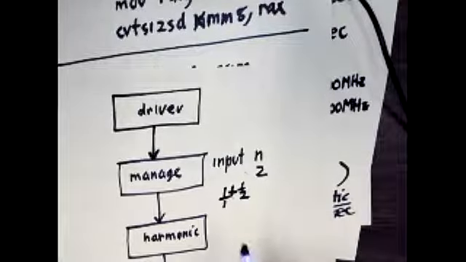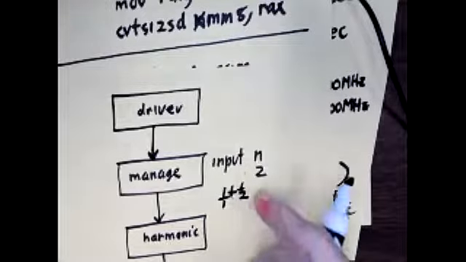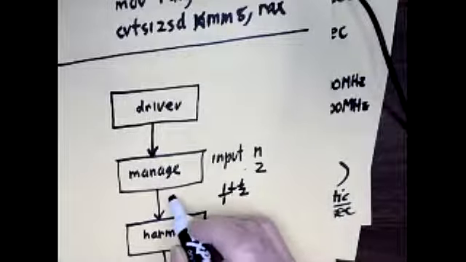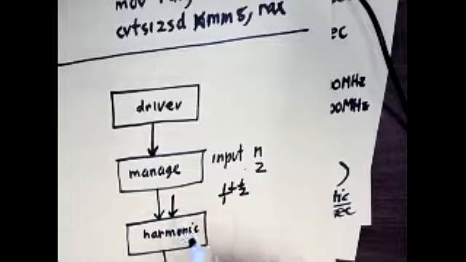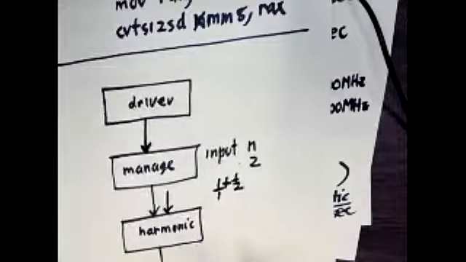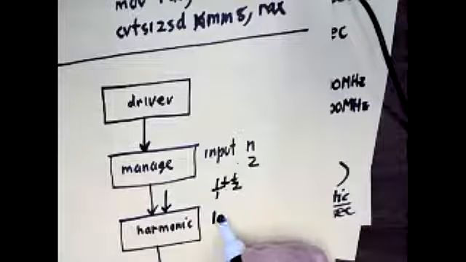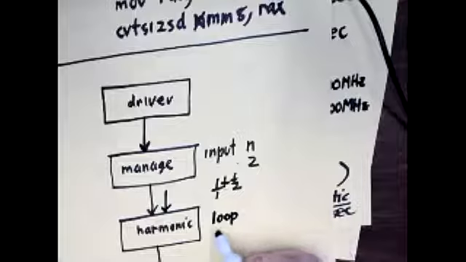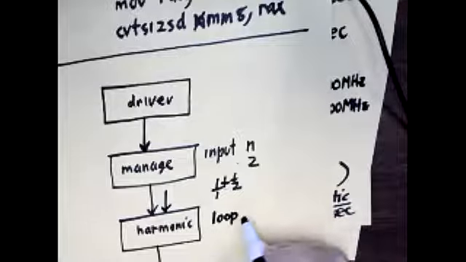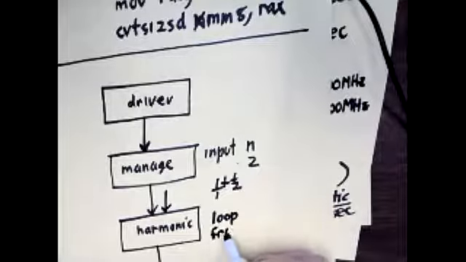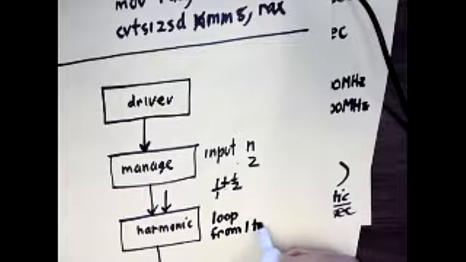It can't be negative. Okay, so it gets that number and passes this number down here. And this one is the one that starts a big loop. This loops from 1 to n.